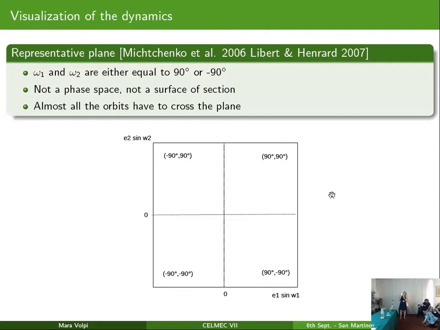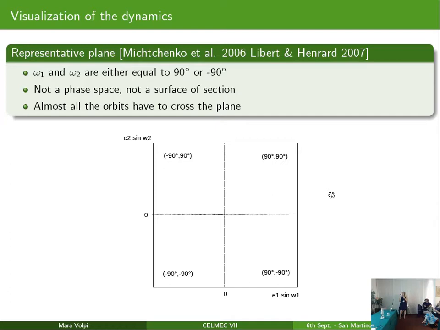And therefore, we want to have all the 4 possible couples of these two. It is not a phase space by any means. It is not a surface of section, but once we have plotted the level curves of the Hamiltonian, it is going to give a really nice visualization of the dynamics.